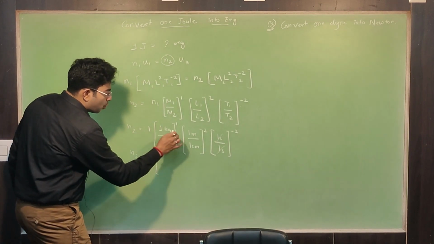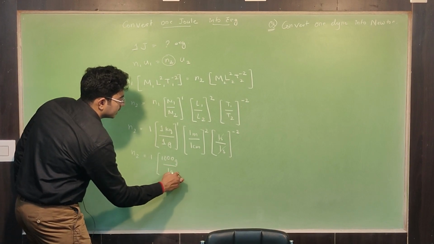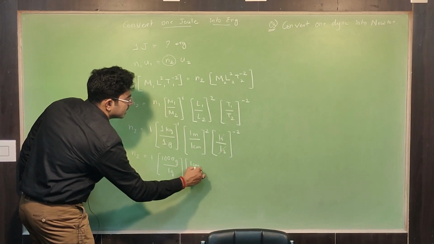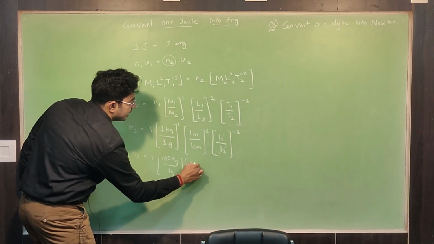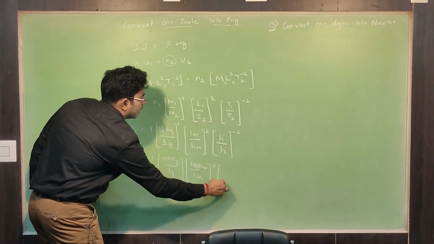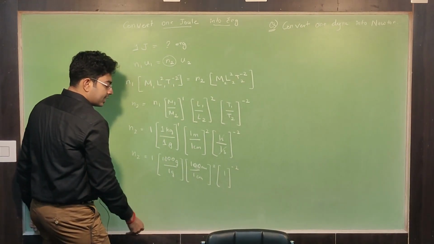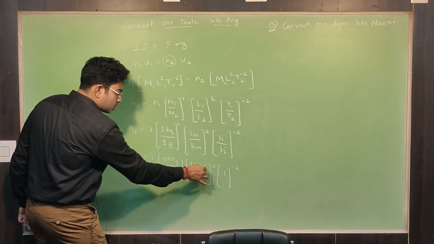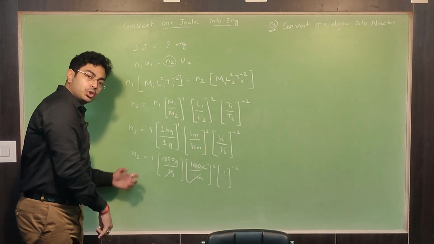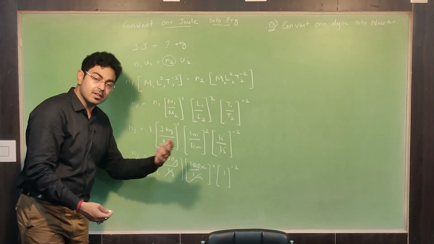So 1 kg we can write as 1000 gram by 1 gram. 1 meter is 100 centimeter by 1 centimeter, and this is 1 only. Now you can see, we can cancel this: 1 centimeter cancels, 1 gram cancels. So 1000 gram by 1 gram is 1000, and 100 centimeter by 1 centimeter is 100.